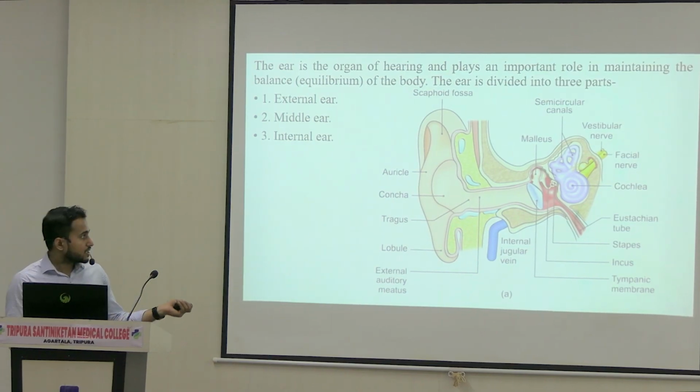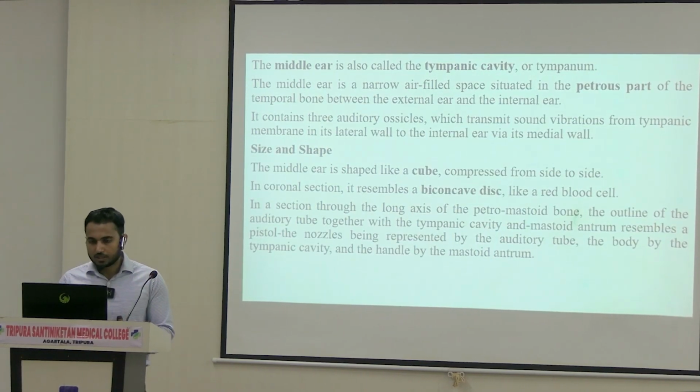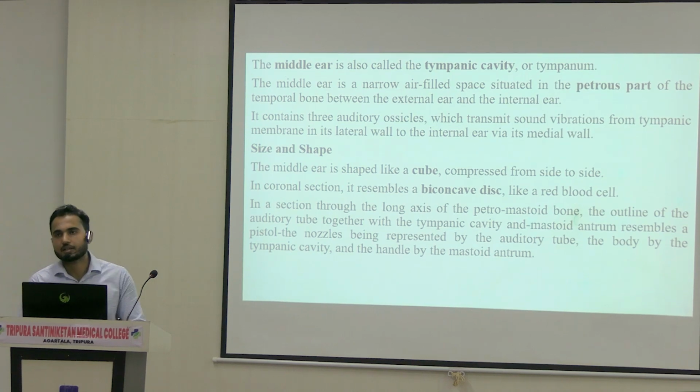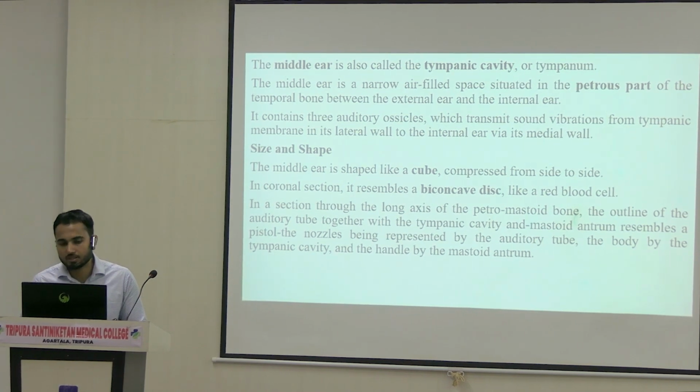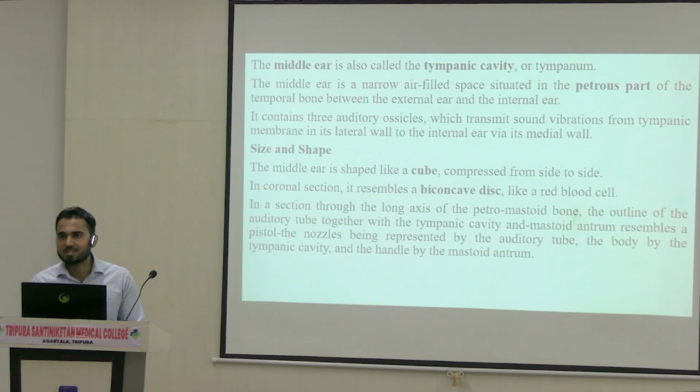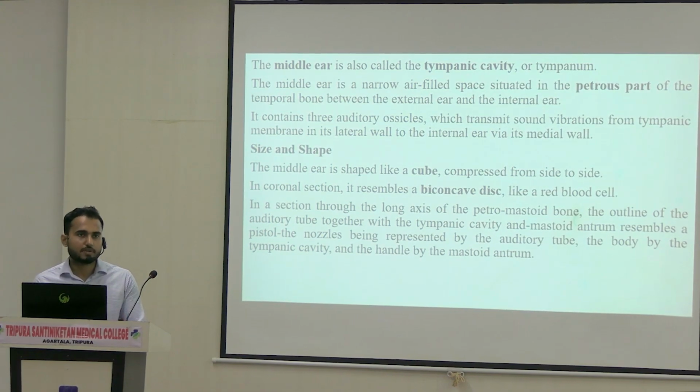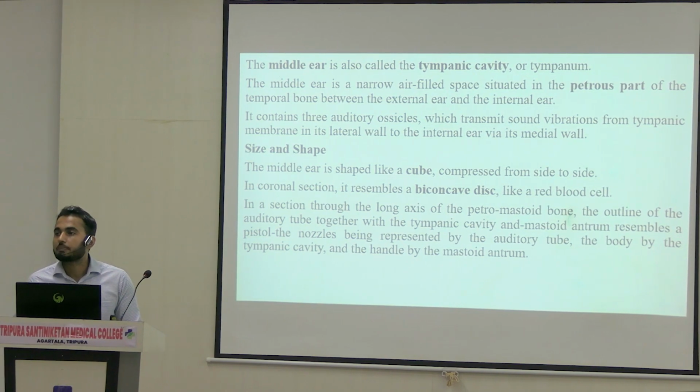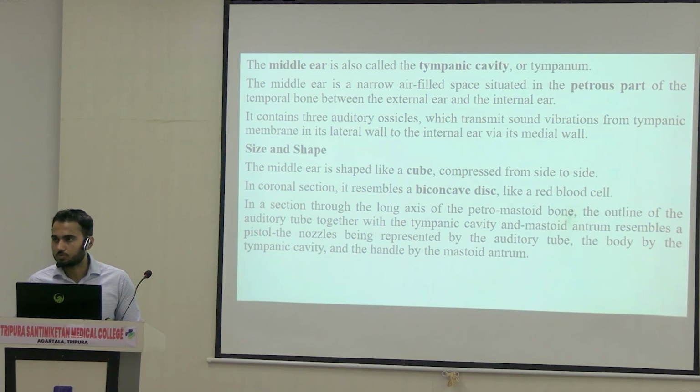First you have to know the location of the middle ear cavity or tympanic cavity. So where is it placed? It is a narrow air filled cavity. Mainly air is present, other structures are there, along with that air is also present inside the cavity. Where is it situated? It is situated in the petrous part of the temporal bone. I hope you have seen the temporal bone.